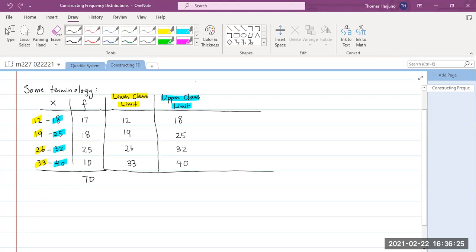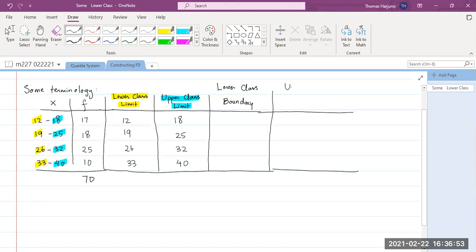Okay, now we have more. If our textbook doesn't even mention lower and upper class limits, then for sure they don't mention boundaries. We have lower class boundary and upper class boundary.